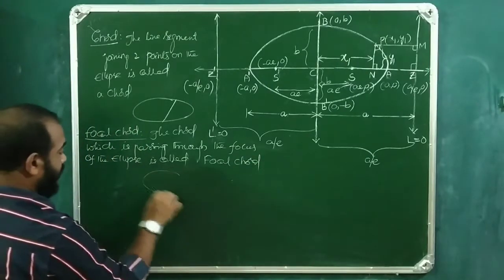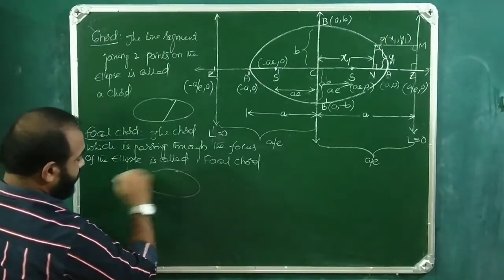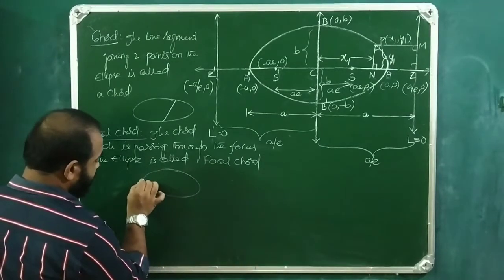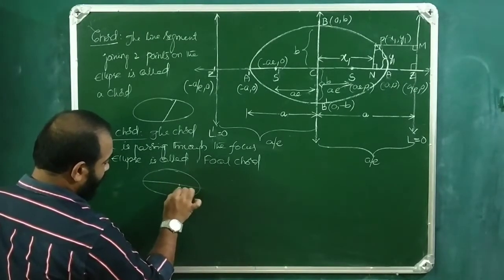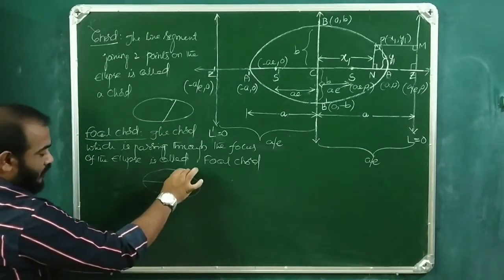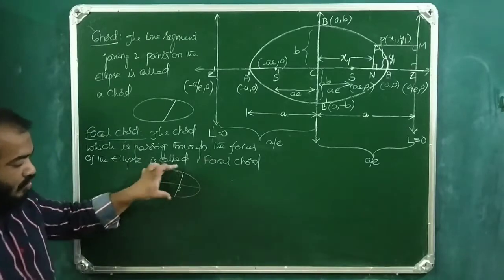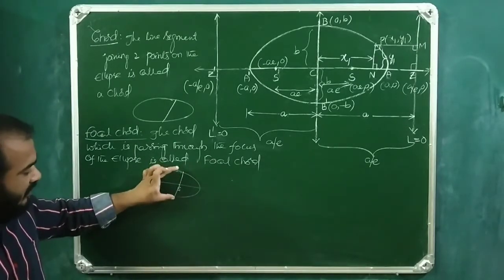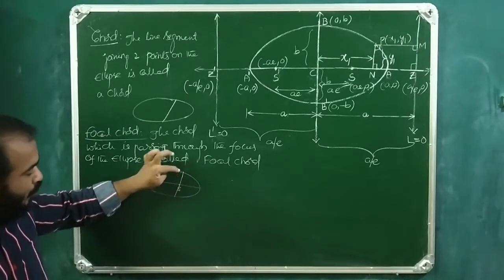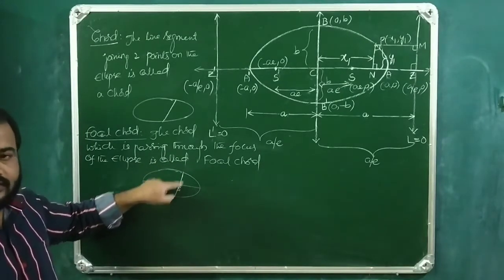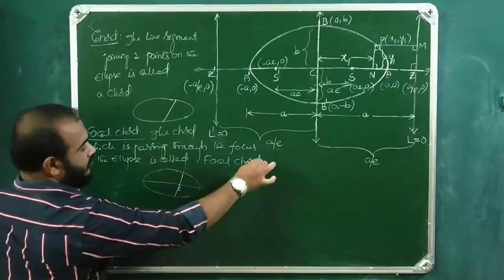This is the ellipse, for example, and this is the focus. So this line is a chord because it is the line joining two points of the ellipse, and it is passing through the focus. Therefore, it is called the focal chord.